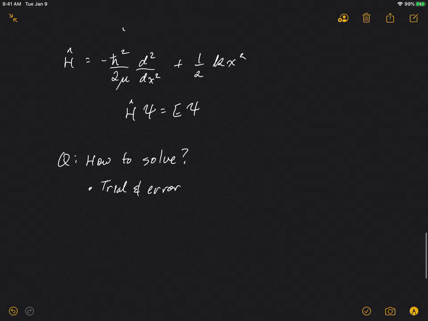Trial and error sounds like an infinite fishing expedition, but this is a fairly simple differential equation, and so we expect that there's probably a fairly simple function, or class of functions, that would be solutions, and so it needn't take too terribly long to try several of these.